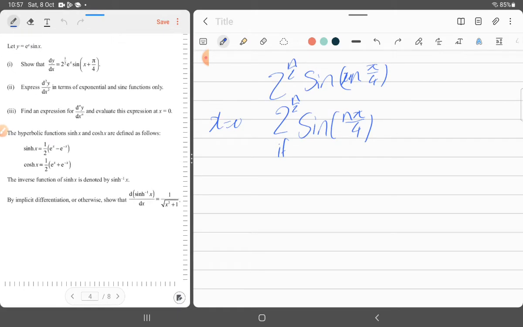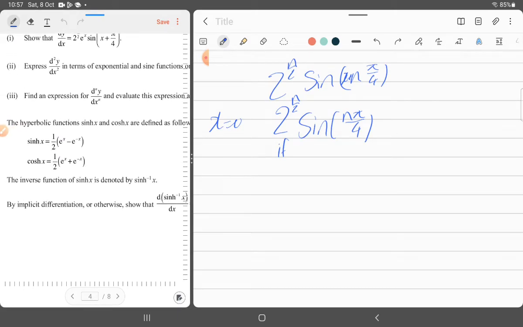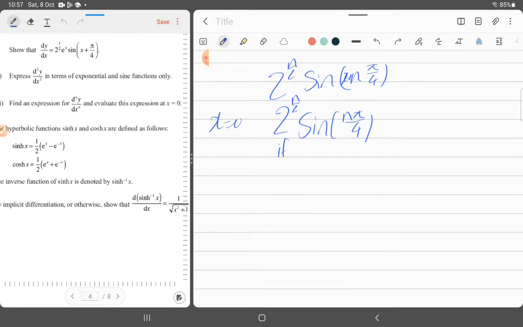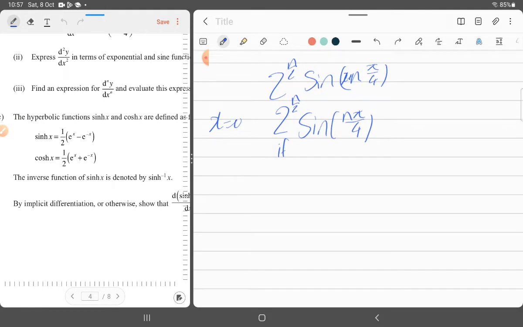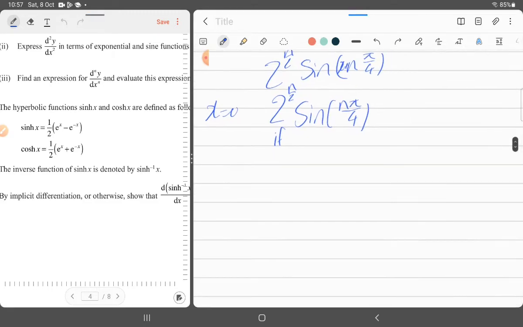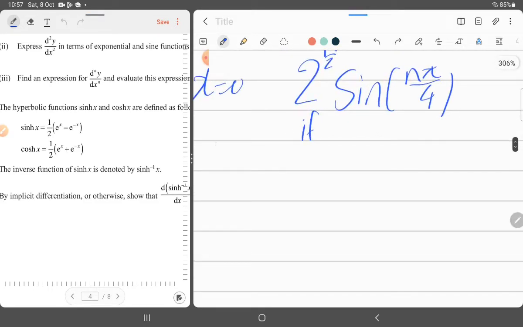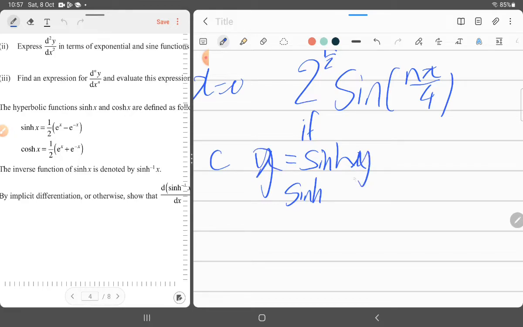The hyperbolic functions sinh x and cosh x are defined as follows. So let y equal inverse sinh x. Oh no, relate x equals sinh y. Inverse sinh x is equal to y.